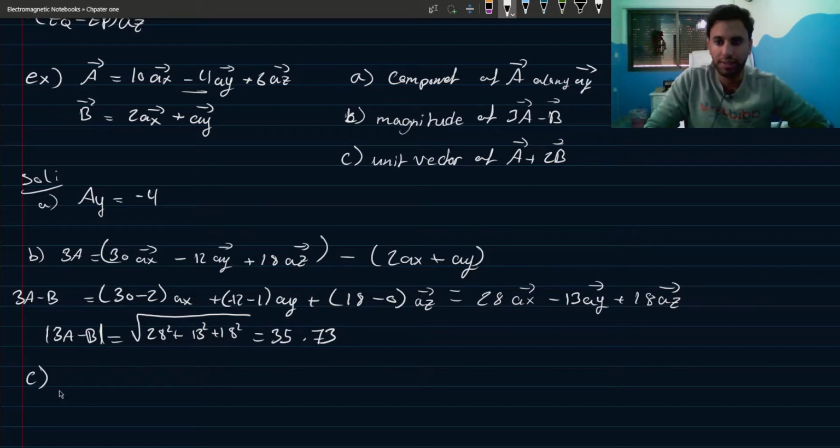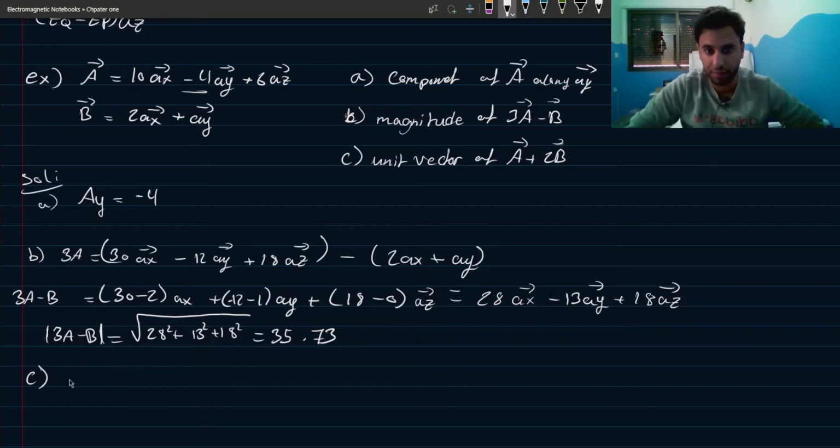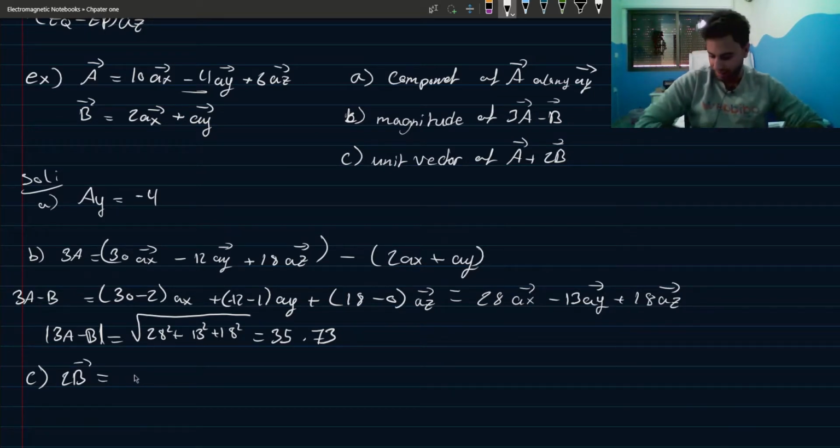Now for C, we need to find the unit vector of A plus 2B. Well, let's start with finding the value of 2B. 2B, or not 2B? Don't dislike the video, please. 2 is a scalar multiplied by the B vector.